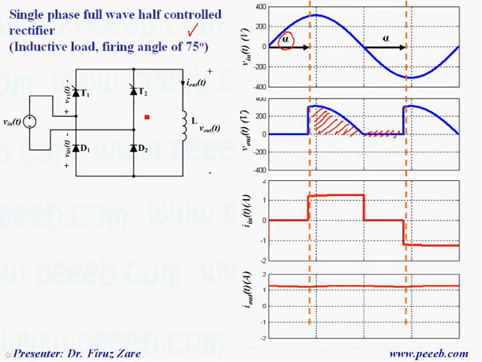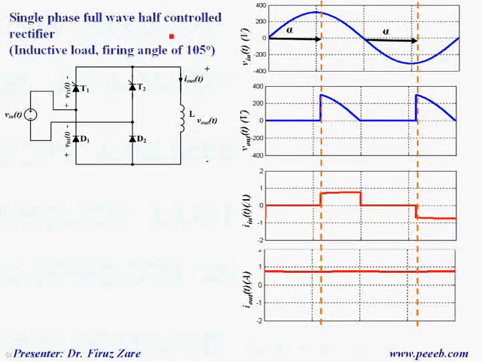That means we short circuit either through this line or this line for this period or this period, and here you can see that the output voltage is changed. Or when we increase the firing angle to 105, again we can see that the output voltage is decreased.